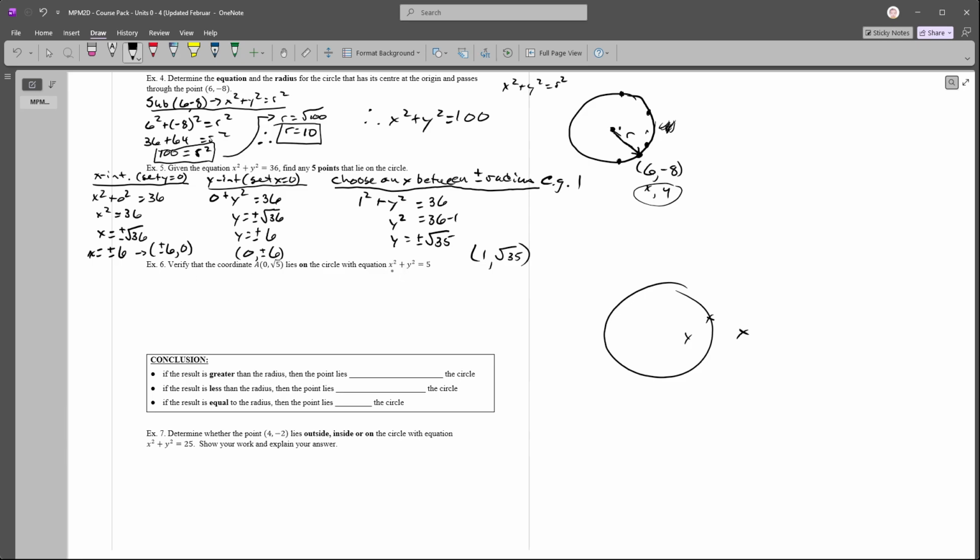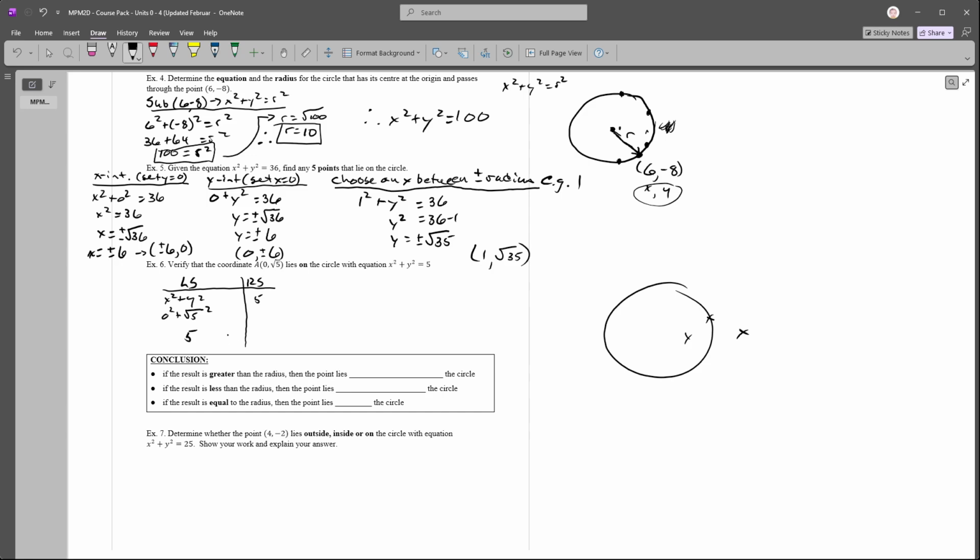So if this is our equation, x squared plus y squared is equal to 5, our left side is x squared plus y squared, and our right side, sorry, is just 5. Now we're going to substitute our point here. So we have 0 squared plus root 5 squared. Root 5 squared is just 5.